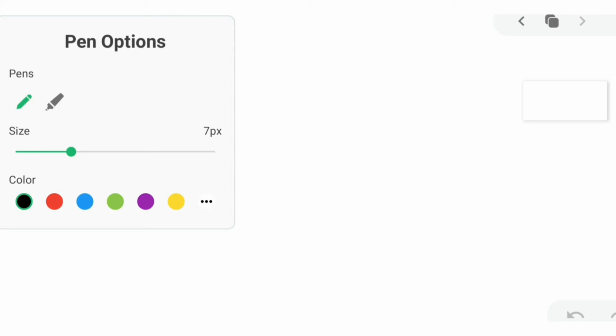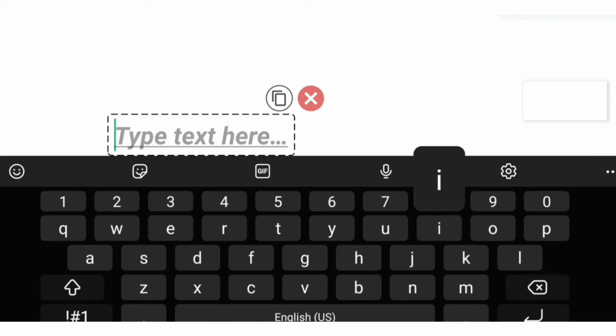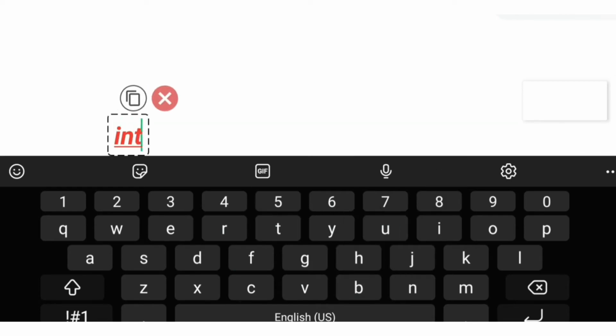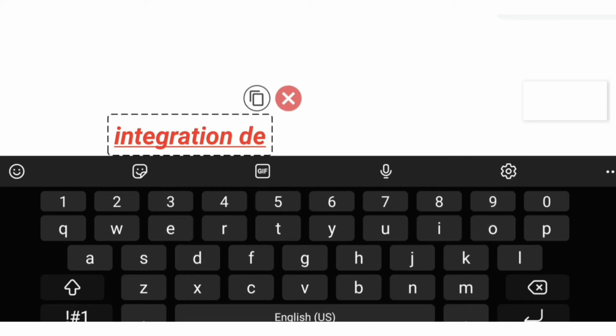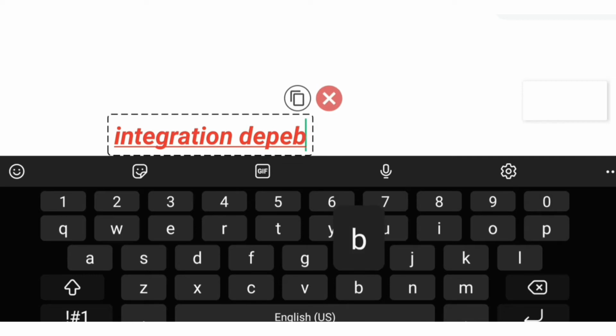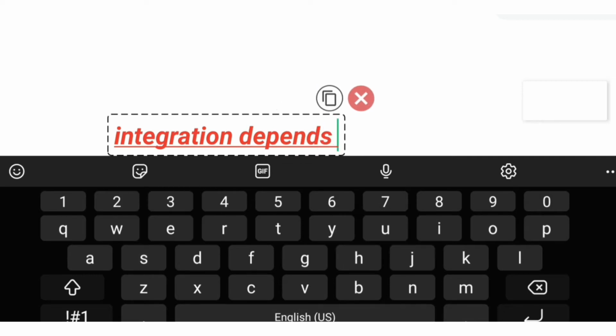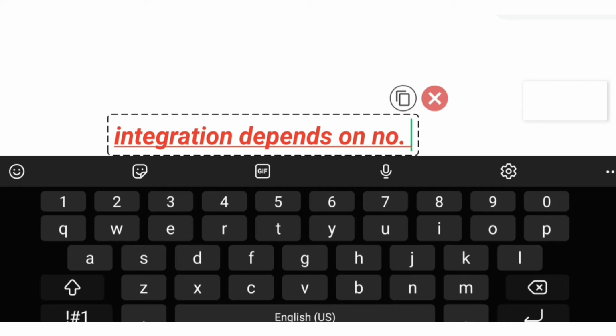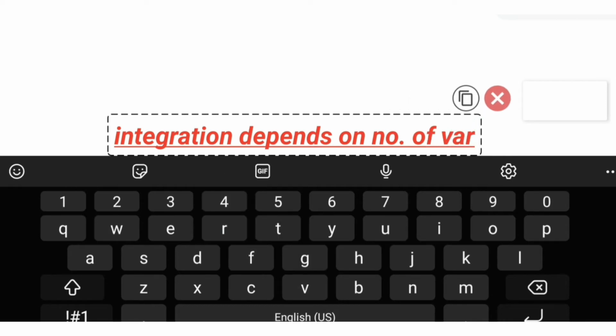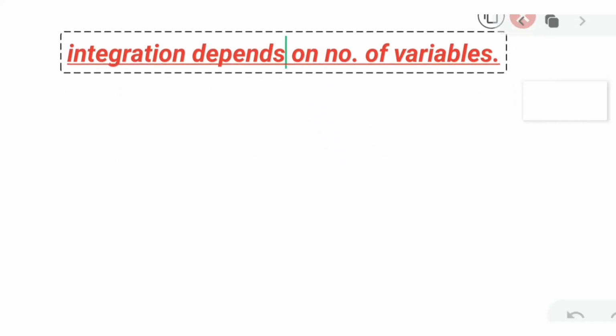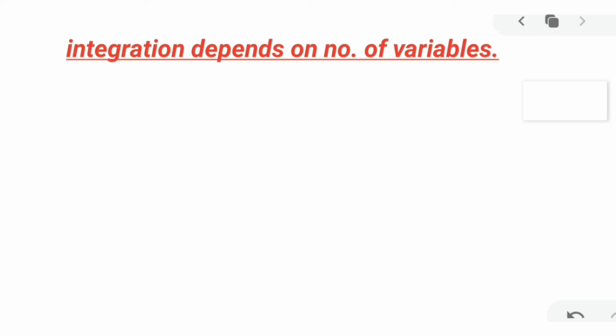So let me write it down. This is the main concept for multiple integrals. Integration depends on the number of variables.